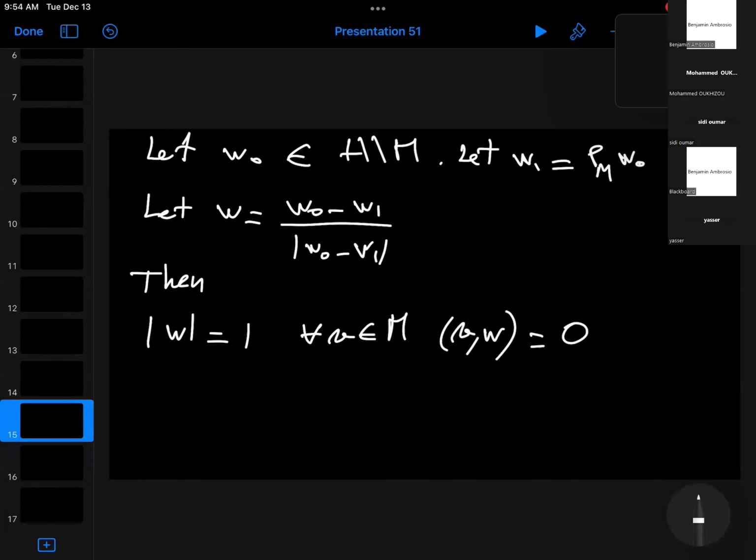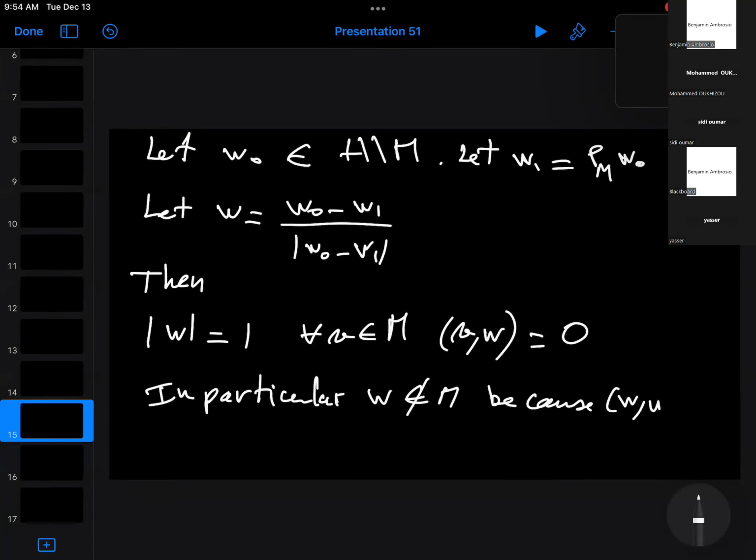In particular, W doesn't belong to M because the norm of W is 1, and here it's 0.